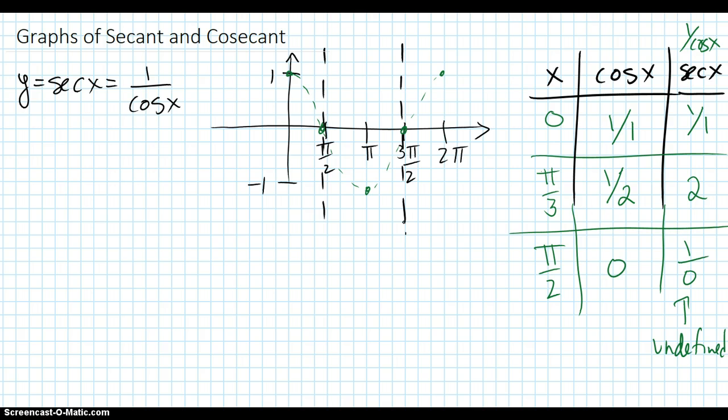Now, if I look at 0, we know it's 1. And 60 degrees is somewhere in between 0 and pi over 2, so maybe right there. We know it's 2. And then it has to head naturally towards this asymptote. I didn't draw that very well, but something like that. Similarly, we're not going to do the rest of these.